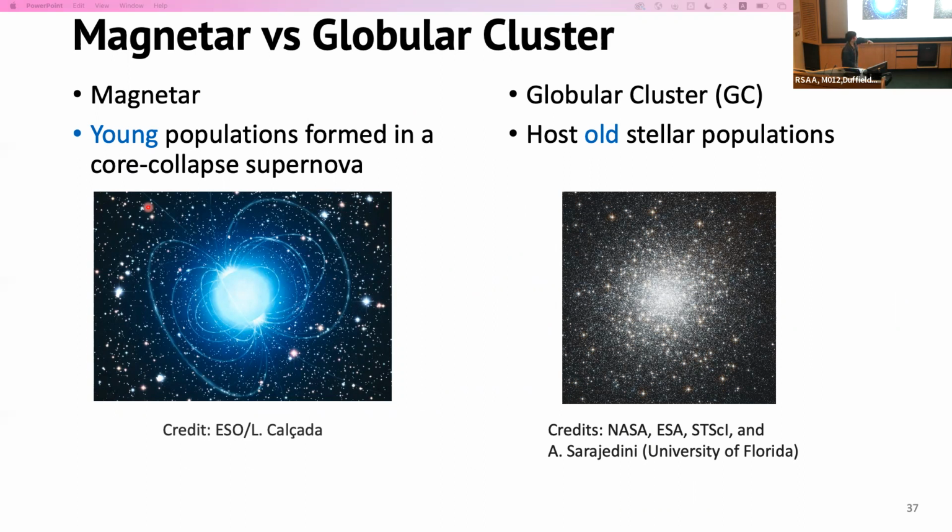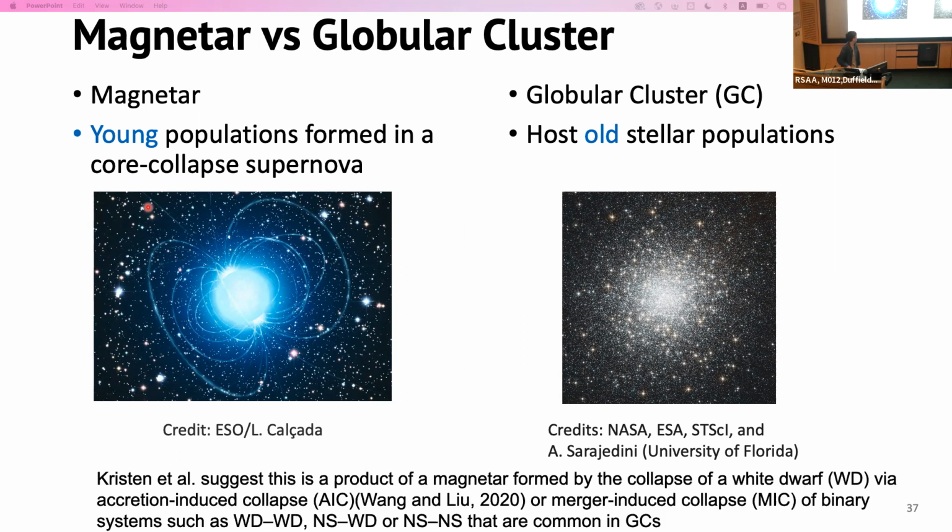But globular clusters, which we can call GCs, host old stellar populations in our universe. So one is young, but one is old. What is happening? We don't know. Some fast radio bursts come from a young population, but some come from an old population. Is that what it means?